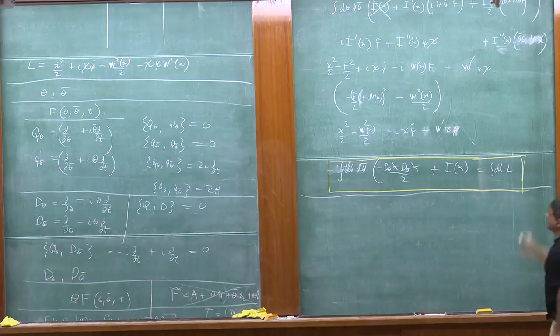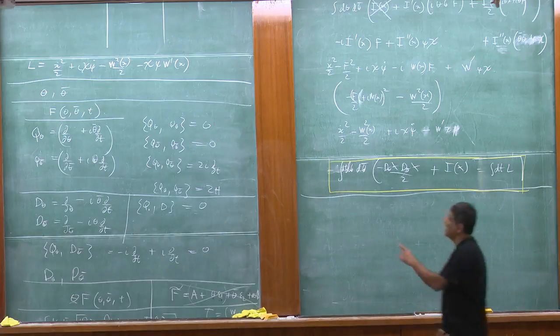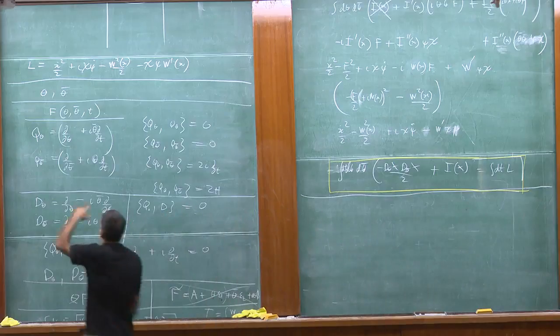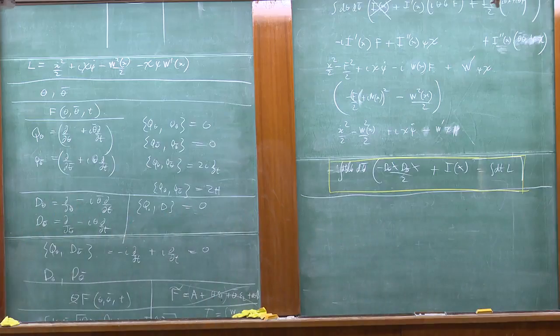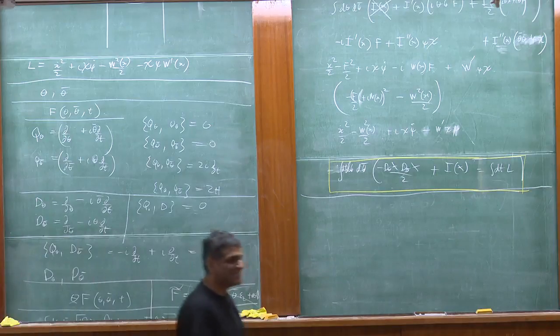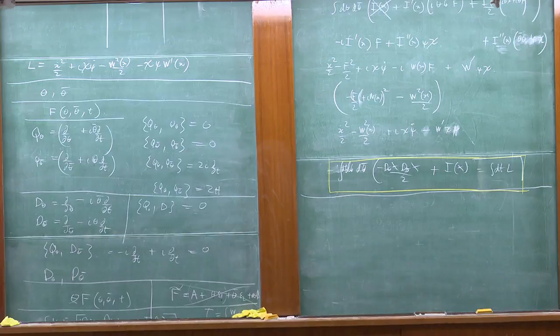Now you might say, well, how do the fields in our problem transform under supersymmetry? What is the supersymmetry transformation of little x, psi, and chi? And how does that compare with what we already know?